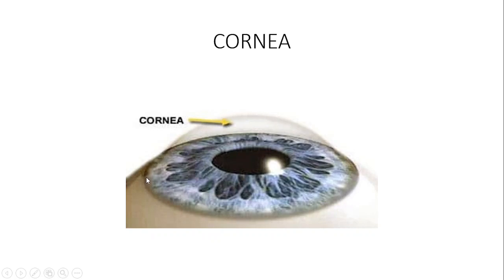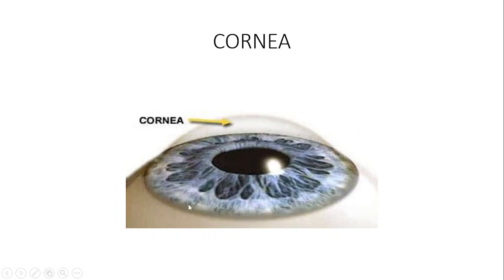Okay, as I've shown in another slide, that is the cornea. Okay, so we are going into the eye. And the brownish structure you see is known as what? The iris. That's the brownish structure you see posterior to the cornea.